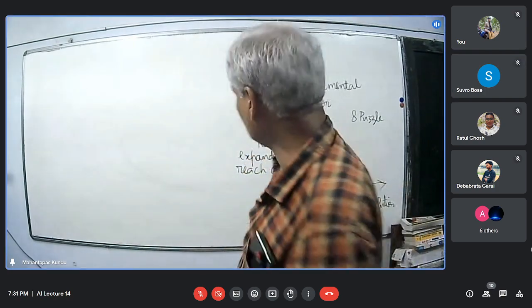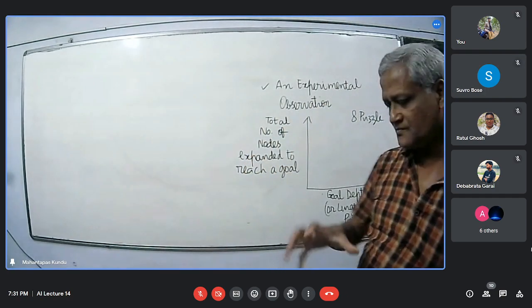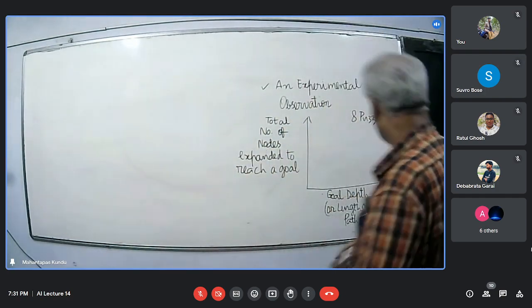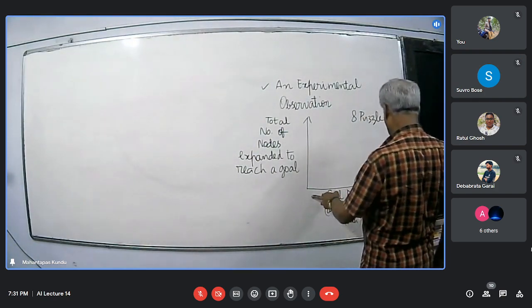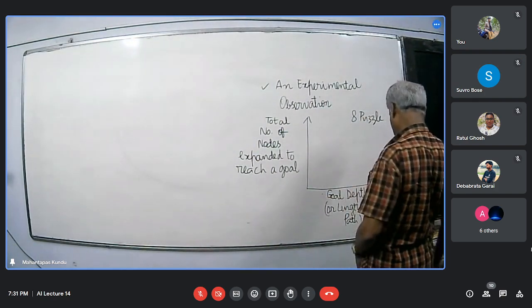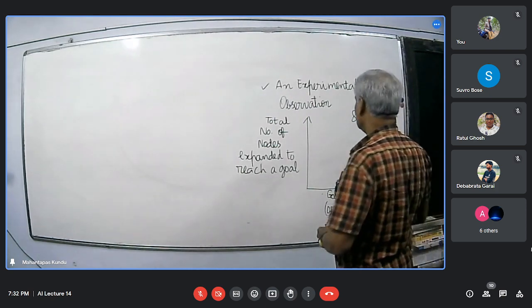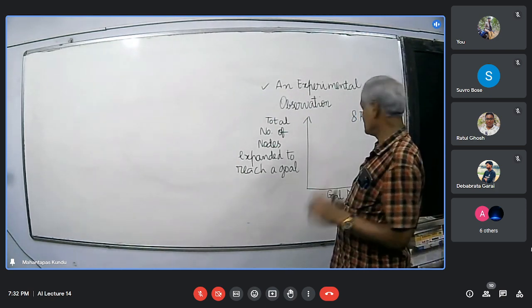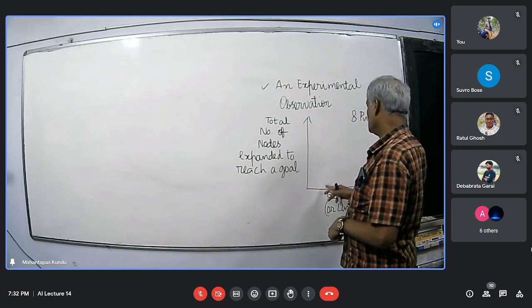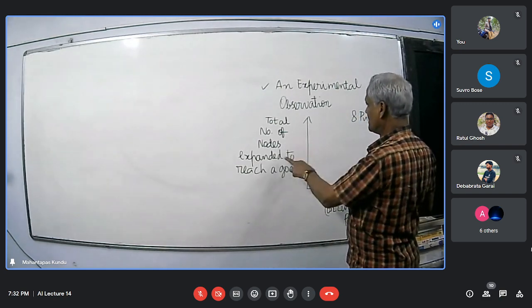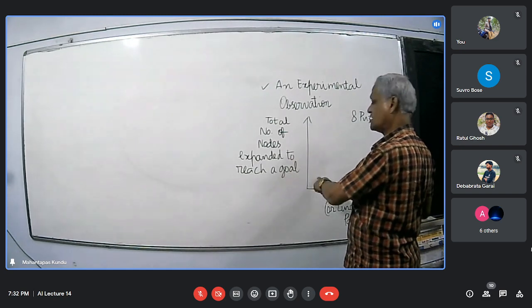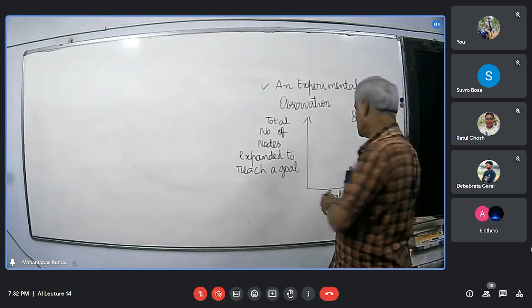So in that way, by considering problems of various goal depth, or various lengths of solution path, an experiment may be conducted to compute the total number of nodes expanded to reach a goal for each instance of this problem.